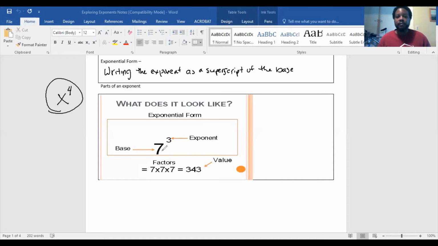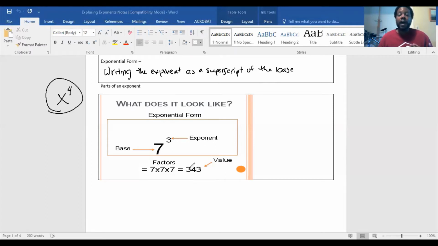The base tells you the number or variable that you are using, and the exponent tells you the number of times that number is going to appear as a factor in the multiplication problem. So I have the number 7 as my base, and it will appear 3 times because my exponent is 3. So I have 7 times 7 times 7, which gives me a value of 343.